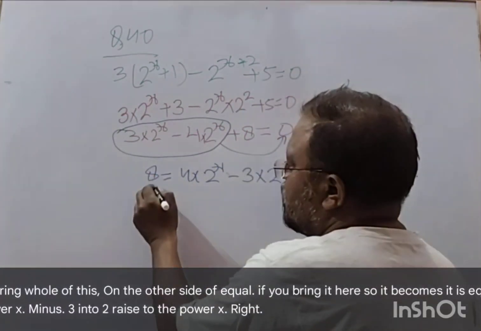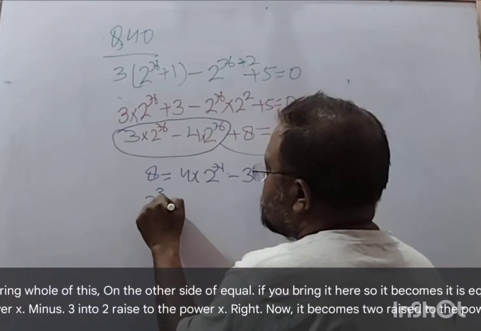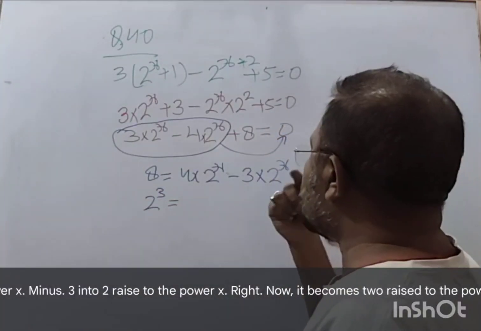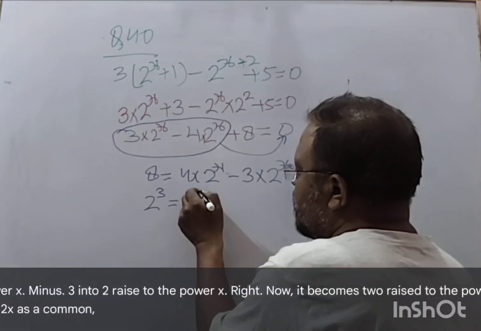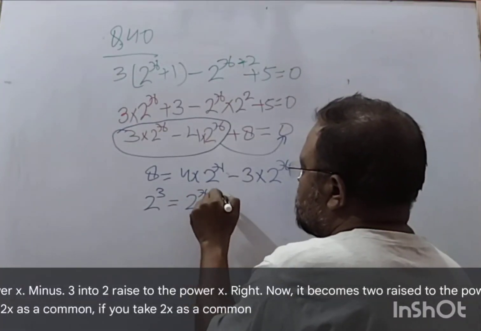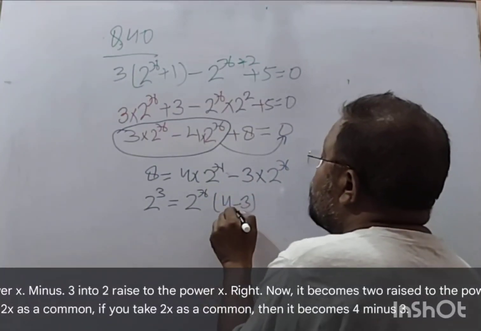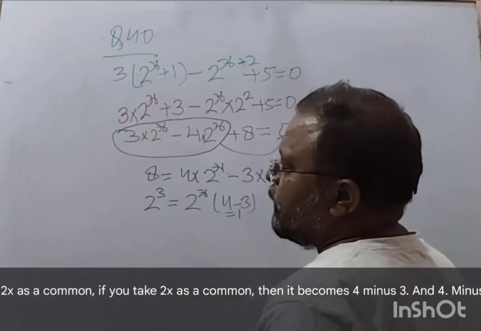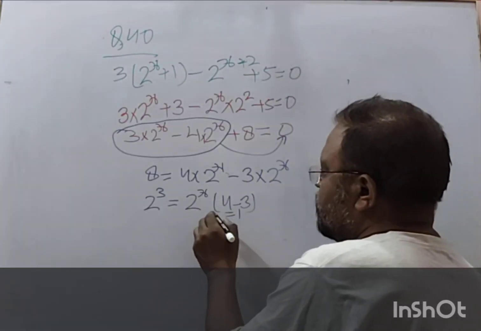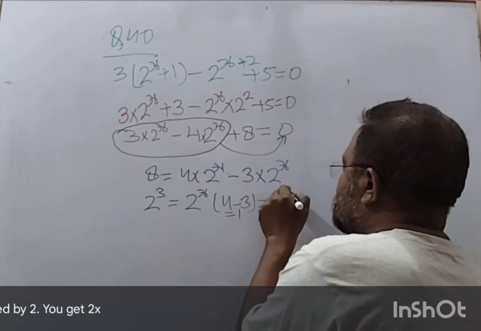Now it becomes 2 raised to the power 3 is equal to, if you take 2 raised to the power x as common, 4 minus 3, and 4 minus 3 is what? 1. Yes, sir. So 1 is multiplied by 2 raised to the power x, you get 2 raised to the power x.